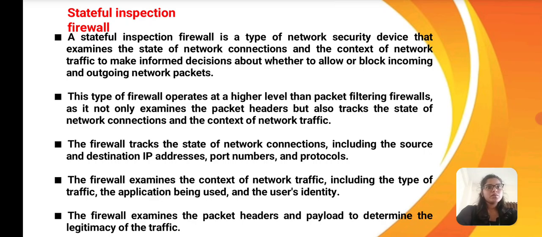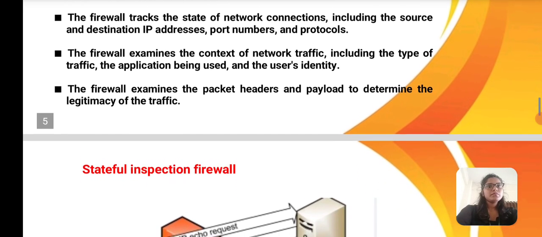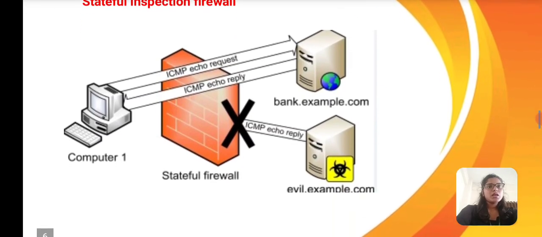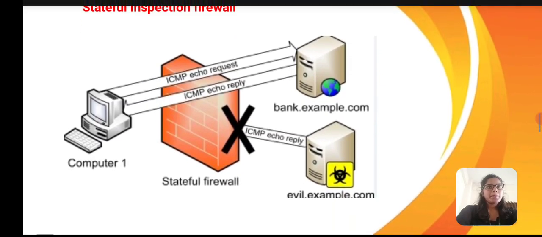The firewall examines the context of the traffic, including the types of traffic, the application being used, and the user identity. The firewall examines the packet headers and payload to determine the legitimacy of the traffic. This is the process of stateful inspection firewall.